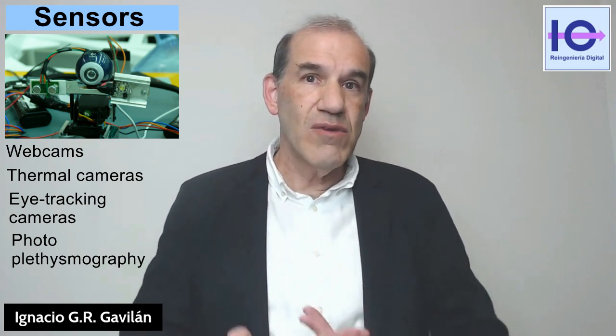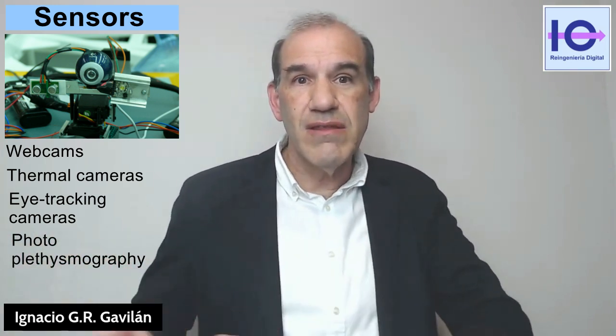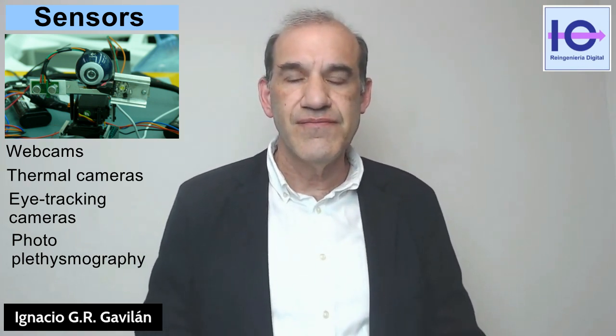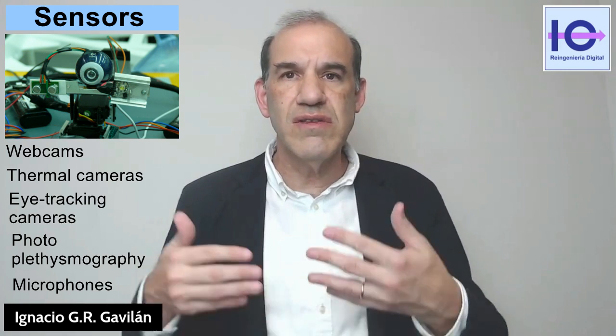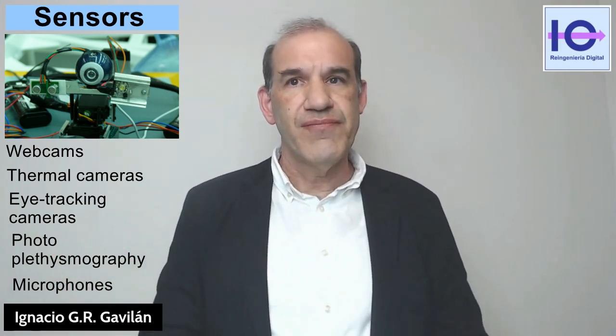And the oxygen saturation in blood is related with the heartbeat, and so in turn is related with emotions such as stress, engagement, and others. To get information about sounds, the robot uses, simply, microphones. With microphones, we capture speech and also vocal cues such as pitch, tone, and speed, which convey information about emotion.